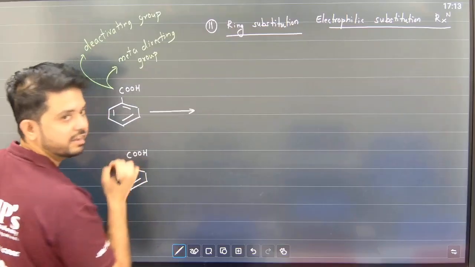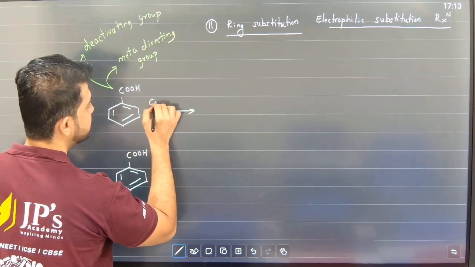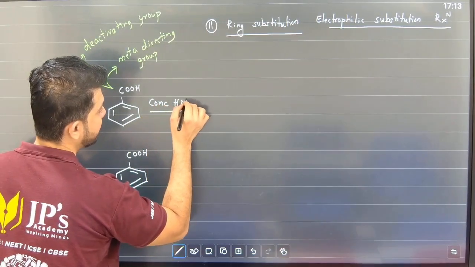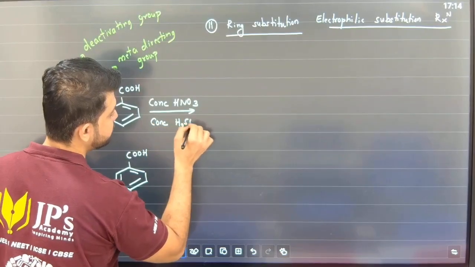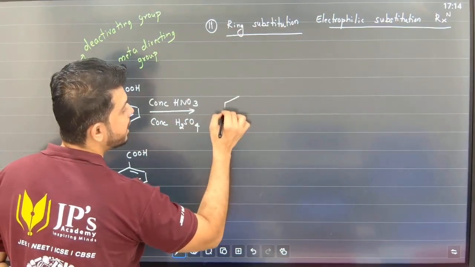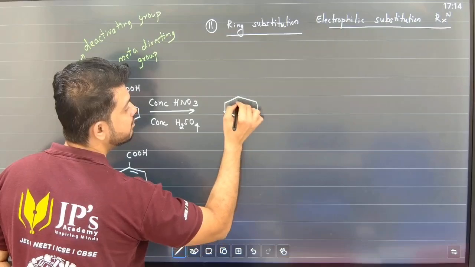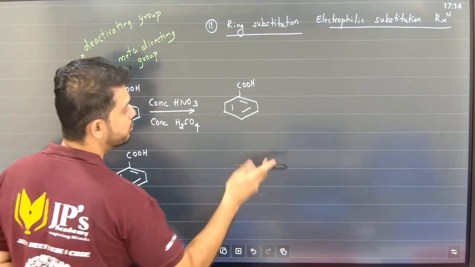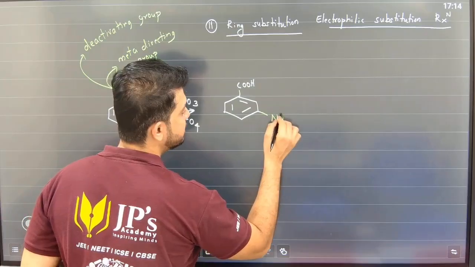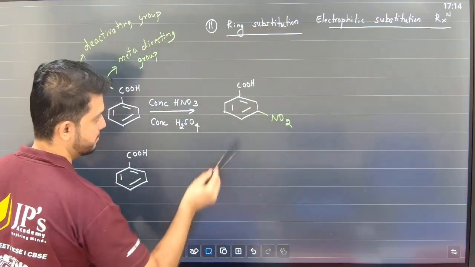For example, if we have concentrated nitric acid and concentrated sulfuric acid, the attacking electrophile, which is NO2, that electrophile gets attached at the meta position.